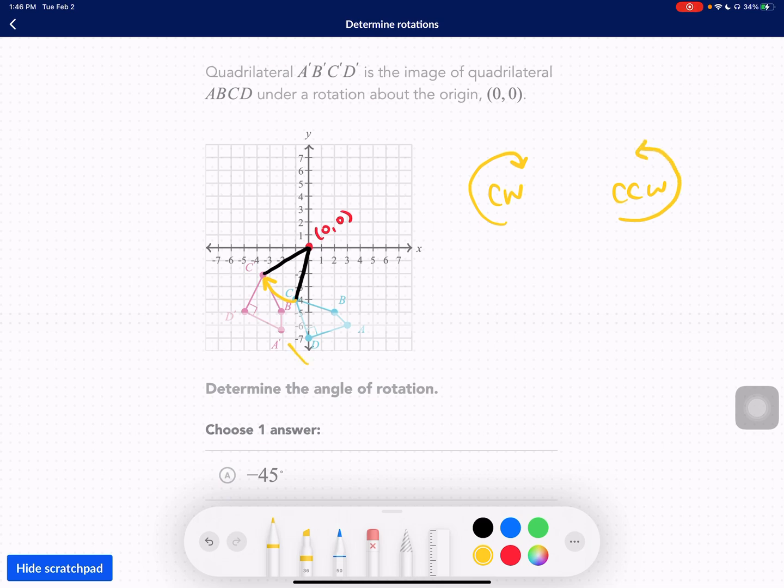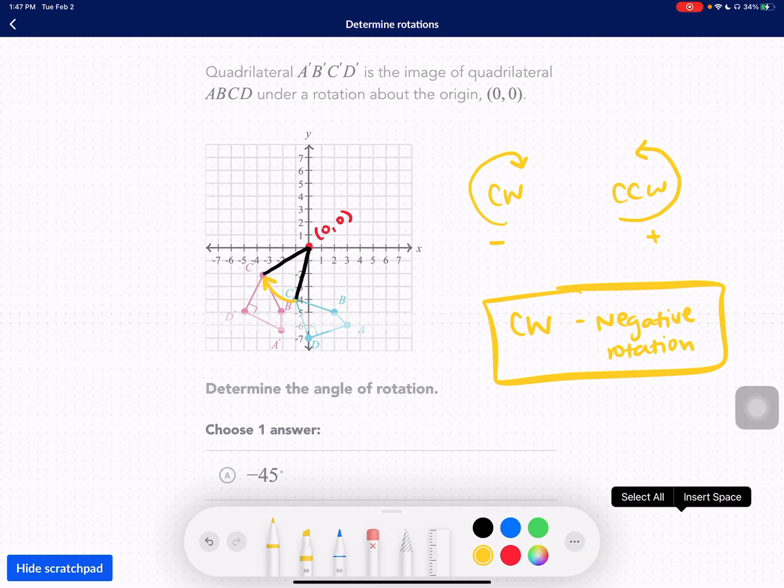It looks like our arrow here is pointing up to the left, right? So this one is clockwise, which means it is a negative rotation. It just means that that's the direction in which we're going. So this is negative, this one's positive. We know this so far. We know it's a negative rotation, all right?